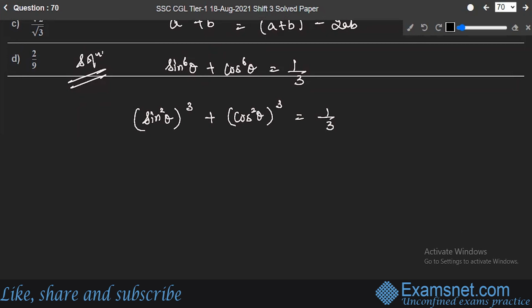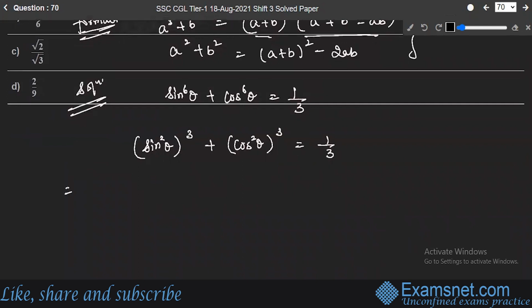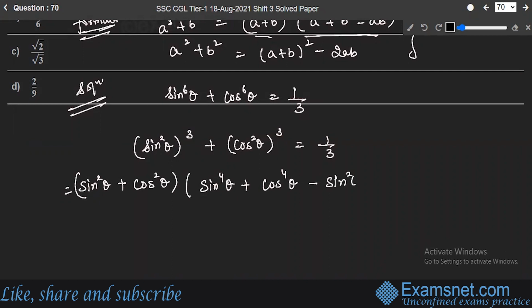Using this identity, a plus b into this, you have sine square theta plus cos square theta whole multiplied by a square, that is sine raised to power 4, plus b square, that is cos raised to power 4, minus ab, that is sine square theta into cos square theta, is equal to 1 by 3.